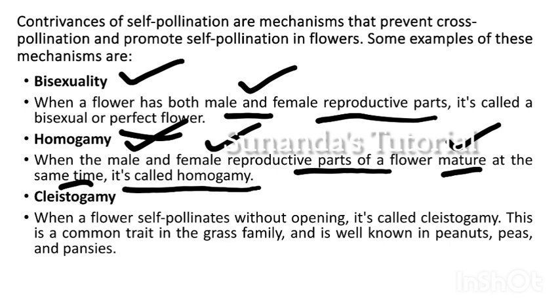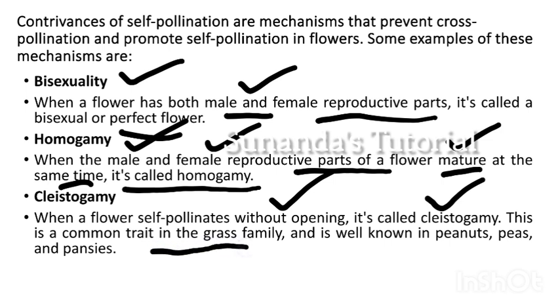Then cleistogamy, when a flower self pollinates without opening. There are some plants which do not open even after maturity. So cross pollination is inhibited in that case, and they are bound to perform self pollination. That condition is called cleistogamy.